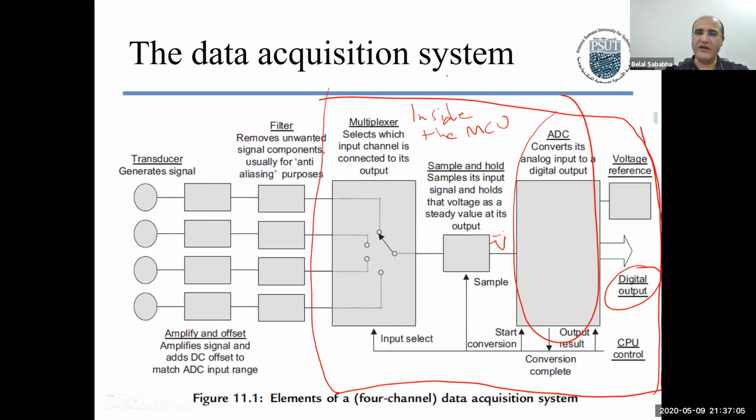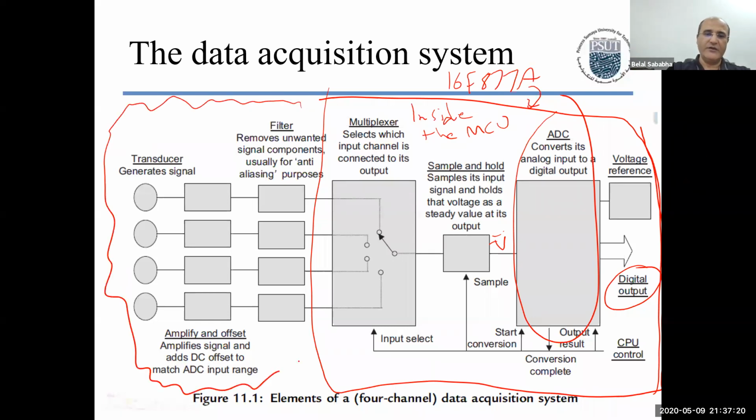Well, at least in our 16F877A controller, this is inside the microcontroller. While this part is outside. This is what you do to prepare and interface your transducer or sensor.